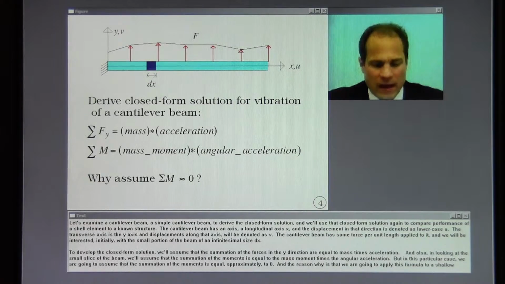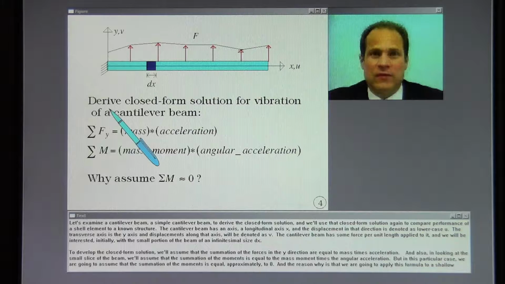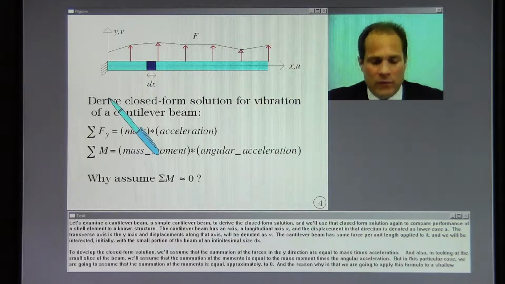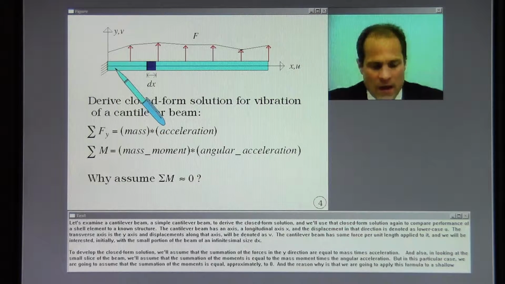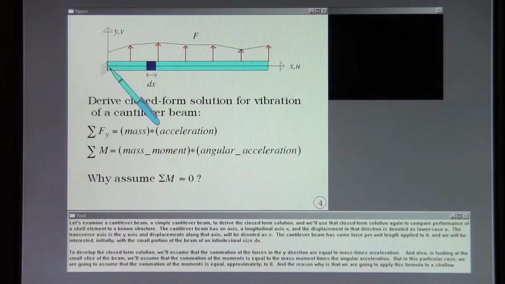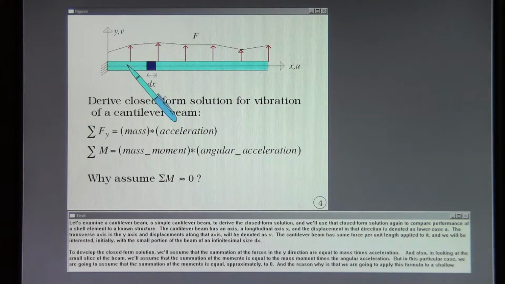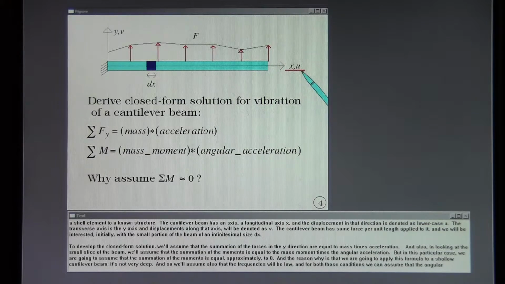Let's examine a simple cantilever beam to derive the closed-form solution. And we'll use that closed-form solution again to compare the performance of the shell element to a known structure. The cantilever beam has a longitudinal axis, x, and the displacement in that direction is denoted as lowercase u.